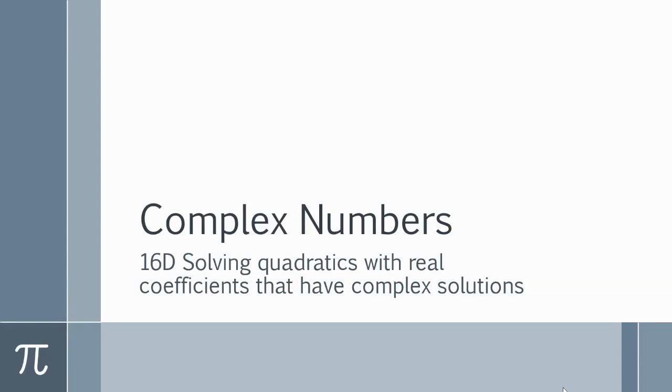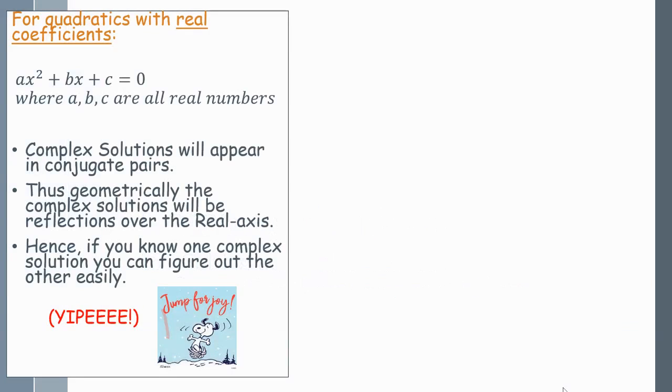Today we're looking at how to solve quadratics with real coefficients when they have complex solutions. So for quadratics with real coefficients, for instance, ax squared plus bx plus c equals 0, where a, b, and c are all real numbers, the complex solutions will appear in conjugate pairs, but only if the quadratic has only real coefficients.